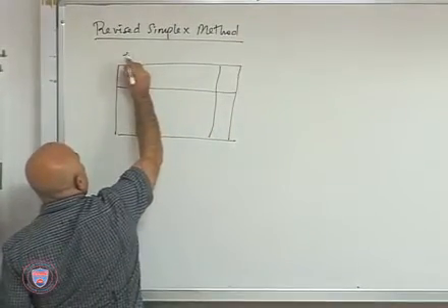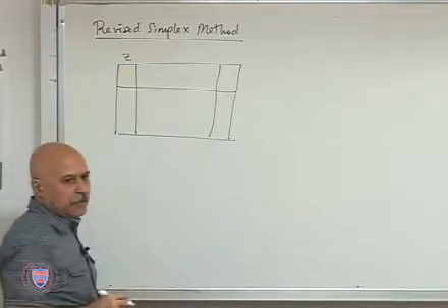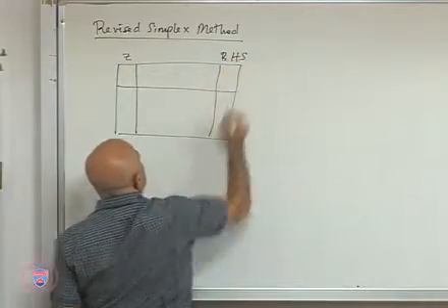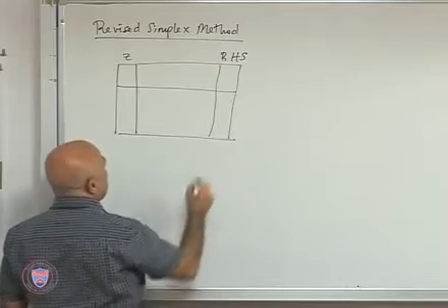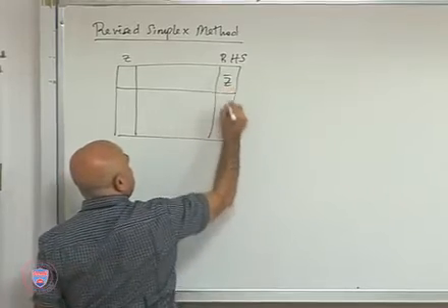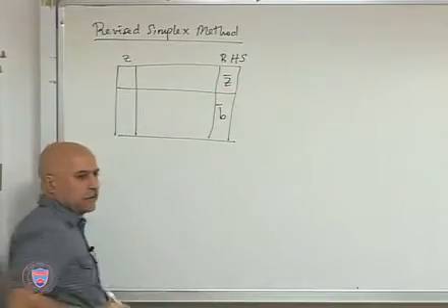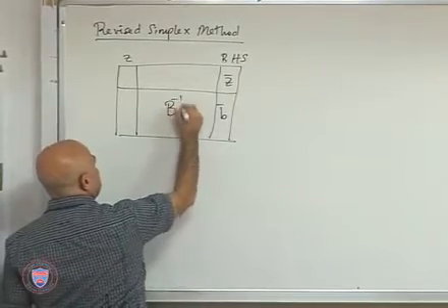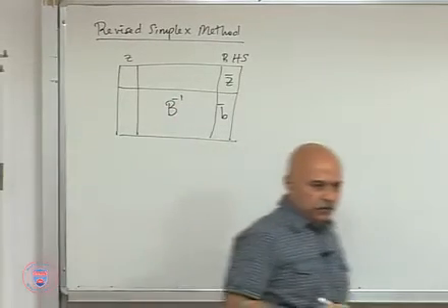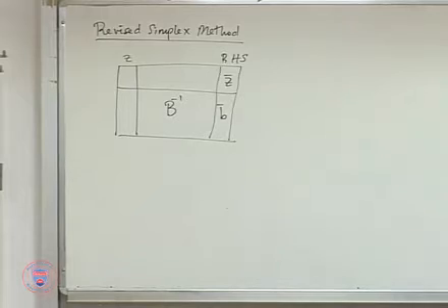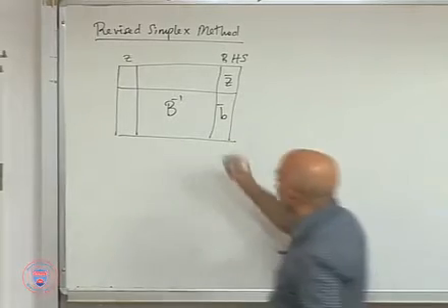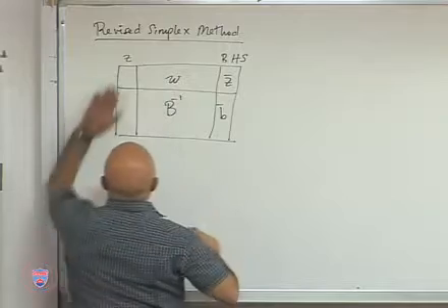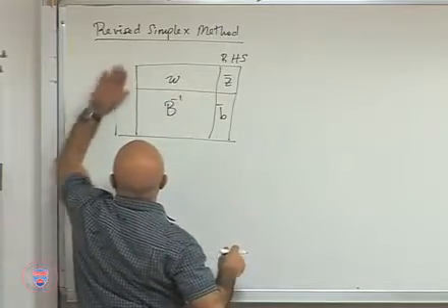You still have your Z column. You've got your right-hand side column. And you've got Z bar and B bar for those. You've got B inverse here. You just keep track of what B inverse is. Okay. And then we have the so-called W vector here.